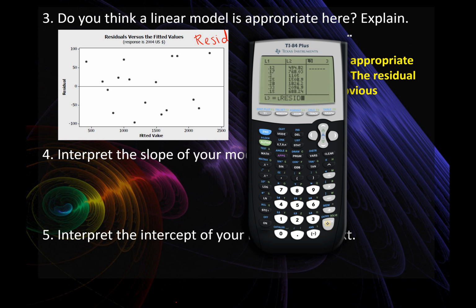So you're going to go to resid, hit enter, and it'll calculate all of your residuals. Then go back to stat plot and plot your x against your residuals instead of your x against your y. And then we just zoomed stat. And there's your graph. Again, if you get this pulled up in your calculator, you have to put it on your paper.